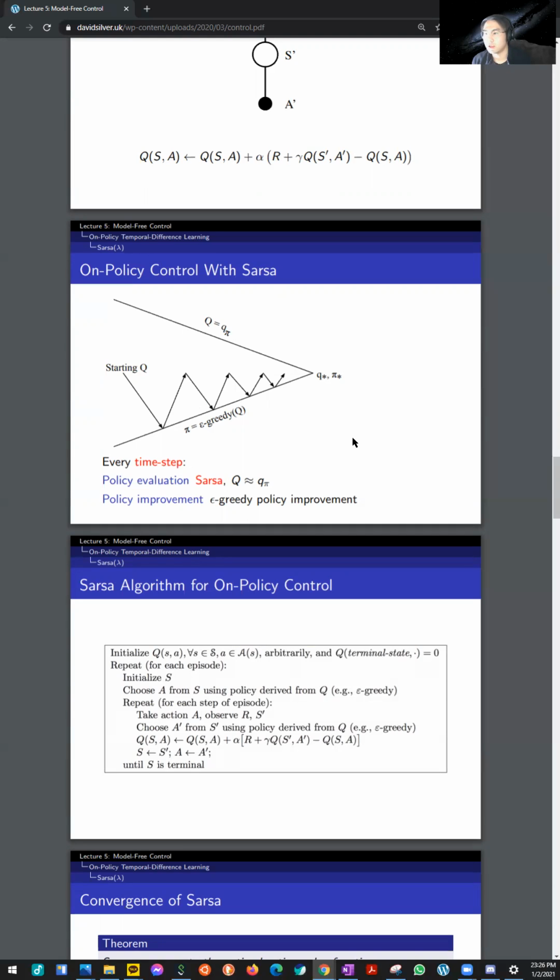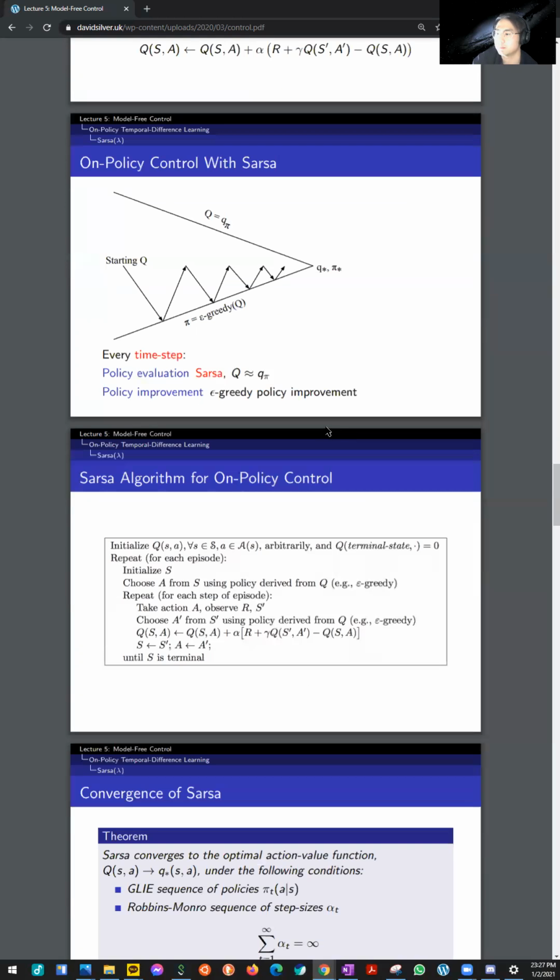And in every time step, we again do the generalized policy iteration, which is we evaluate the policy, which here is the epsilon greedy policy, and then as that policy, we update the Q values, and then based on the updated Q values, we again act epsilon greedily, which falls under the policy improvement part.